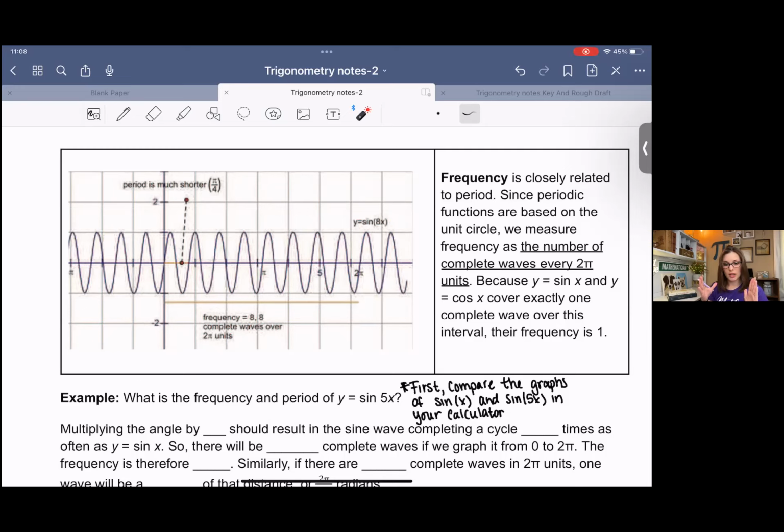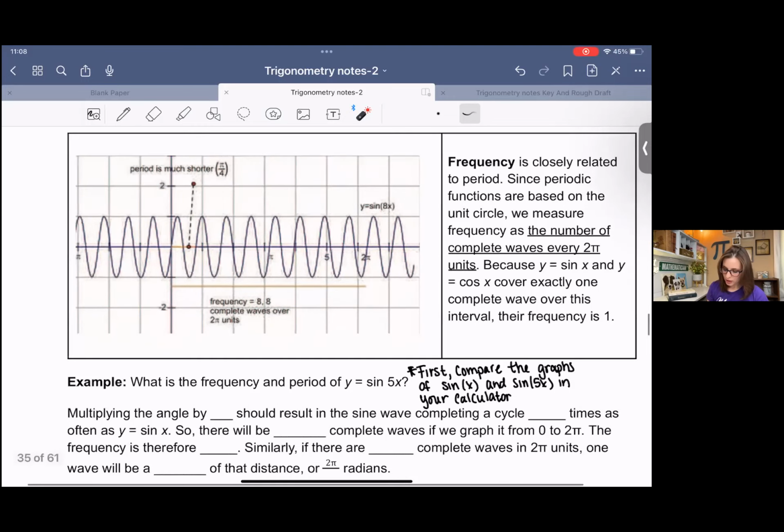So the frequency is 8. One period would be one wave. So period is how quickly that one wave happens. So each wave is pi over 4, I believe is what it says. One wave, and so on.